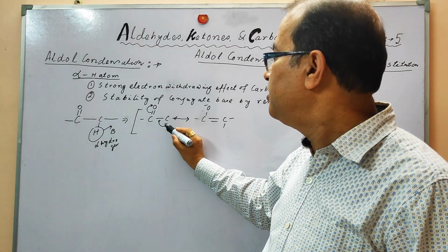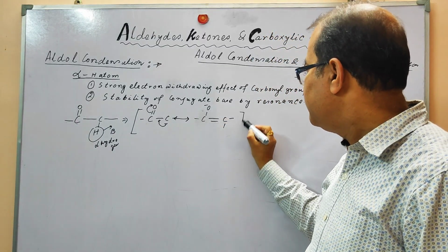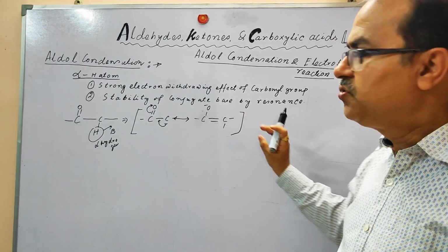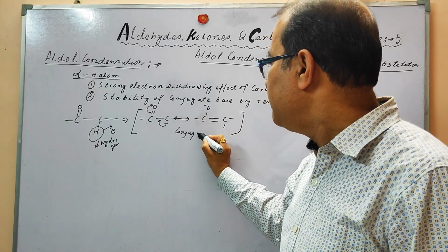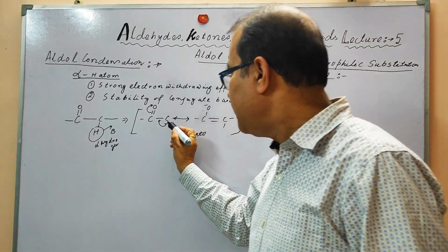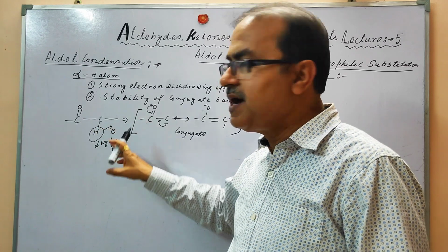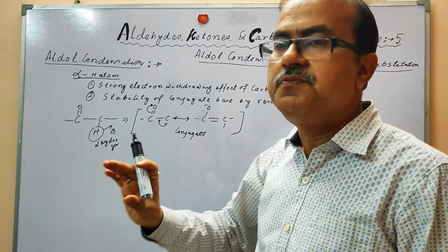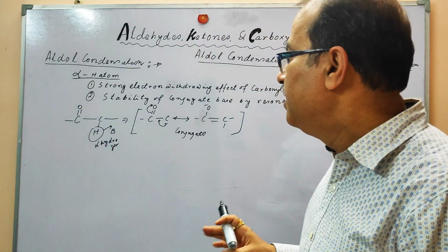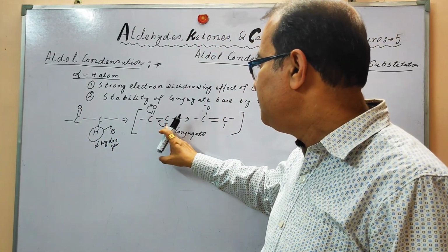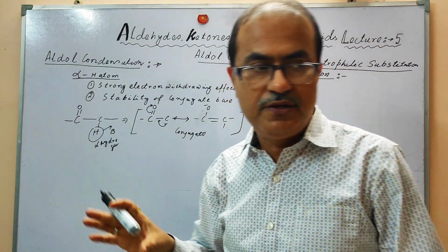The negative charge is delocalized from here to here, so there is a resonance between these two forms of the conjugate base. The minus charge generated when the hydrogen atom comes out of the aldehyde or ketone is delocalized, and that is why it is very stabilized.